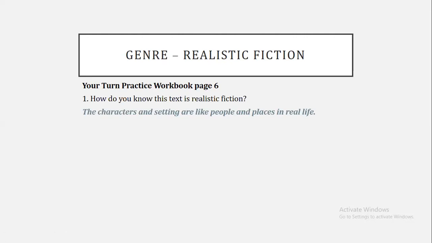Write the answers down in your workbook. All right, guys? So while this is not a real story, the characters and setting are like real elements in real life.